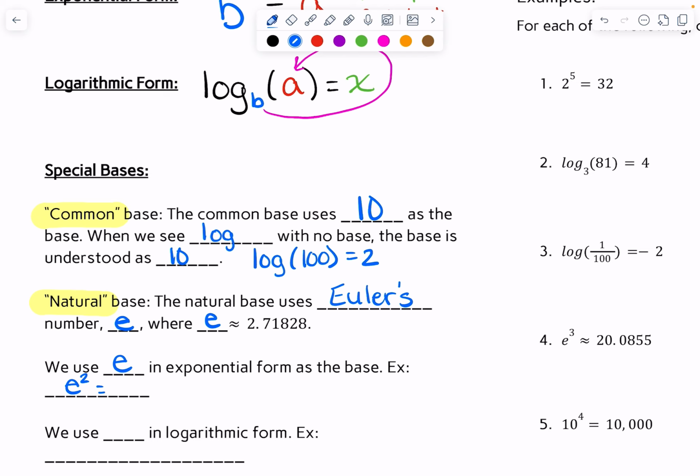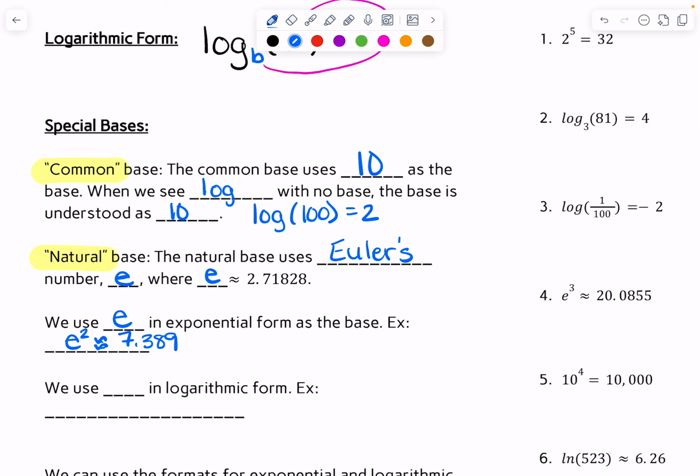So that is going to be a weird looking decimal, huh? So e to the second power is about equal to 7.389.